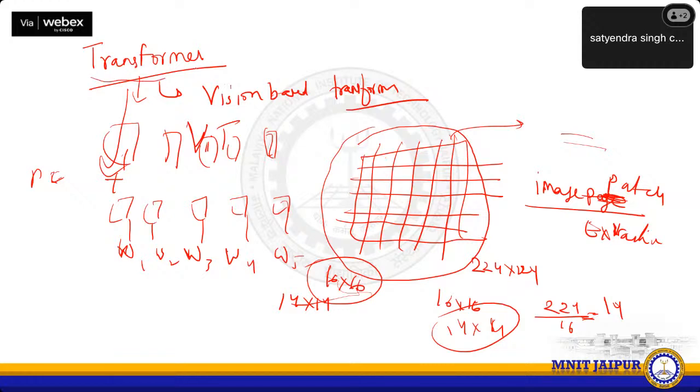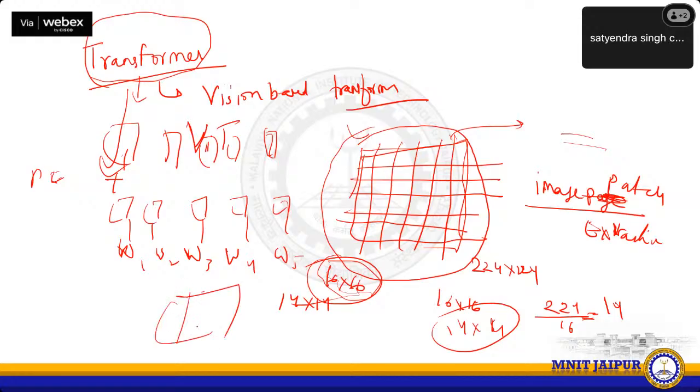I was explaining how transformers are tweaked to use as a vision transformer. Basically, we transform our input into patches. Each patch, let's say the example was 16 cross 16, contains the pixel values.